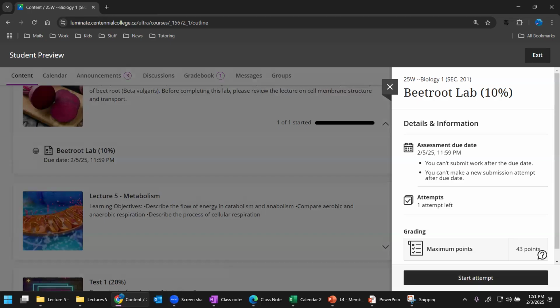So if you have a chemistry quiz tomorrow, maybe wait until you finish your chem quiz before you start this attempt, okay? Because if you start the Beetroot Lab, which is done on the quiz platform, it might prevent you from starting your other assessments. I don't know for sure. That's just how it was in the old system. I haven't had a chance to test it out in the new system yet.